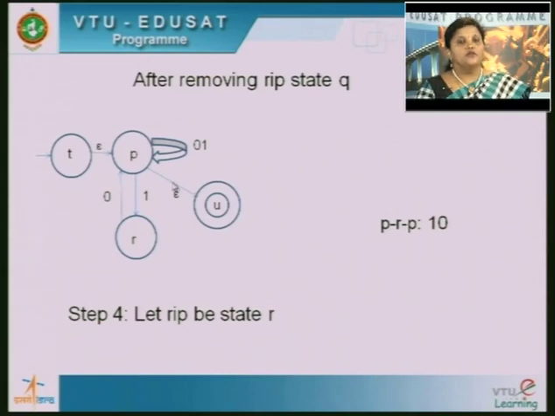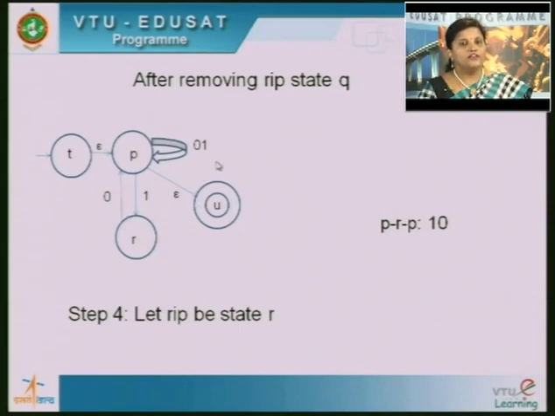Okay. Now let us select the state R as the RIP state. Here also you observe R is connected only to P, to no other states. From P to R you can reach with the transition 1, and from R to P you can go back with 0, that is 1, 0. So if you remove state R, on P you can write the self loop 1, 0.